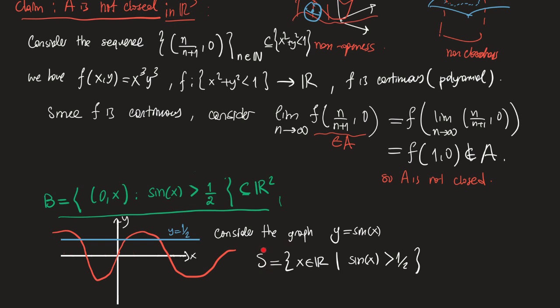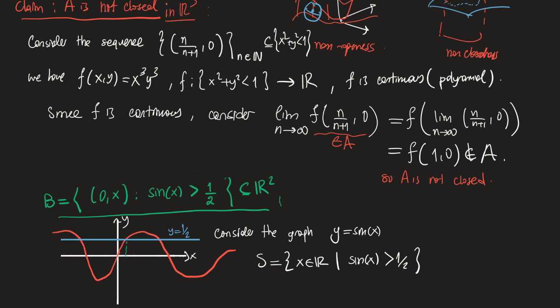This set S consists only of the points whose sine x is bigger than 1 over 2. So I'm just going to take the values of x which, if you evaluate in the sine, will be bigger than 1 over 2. I don't care about the other points.